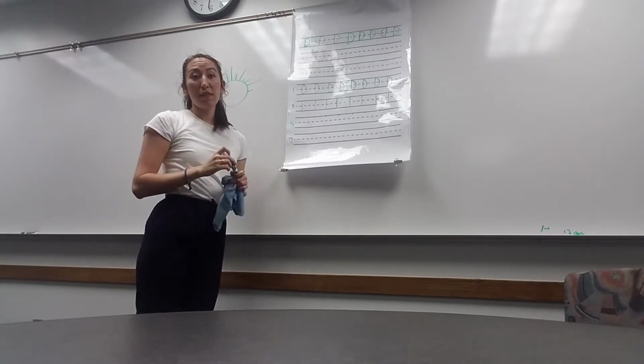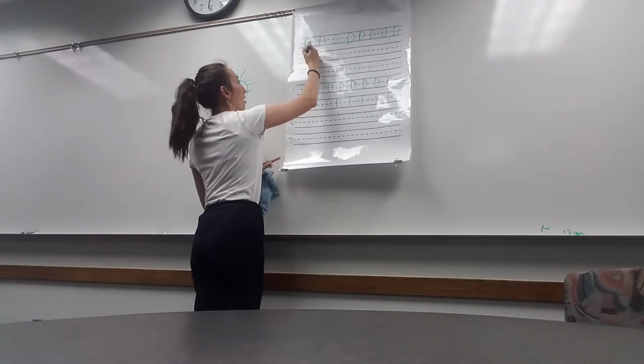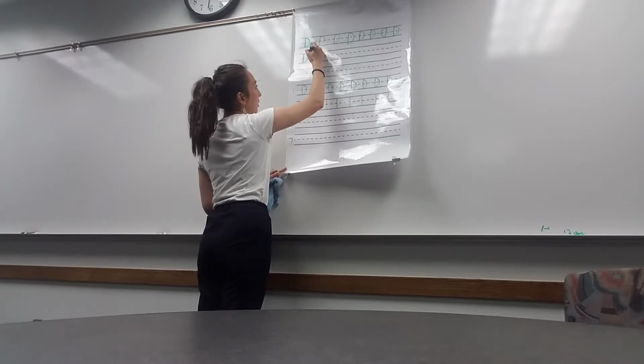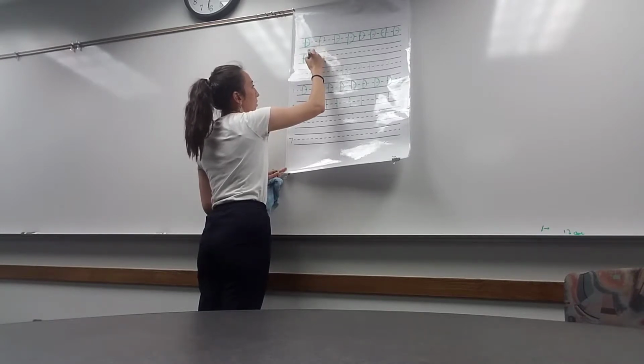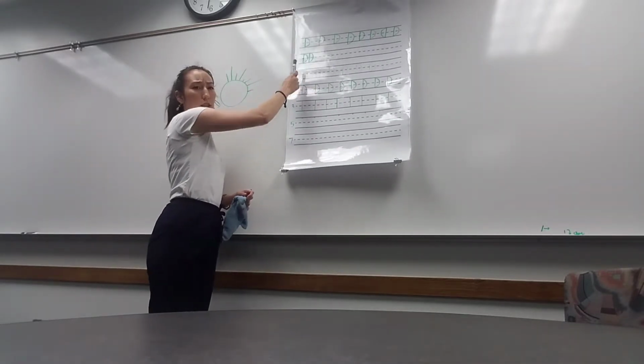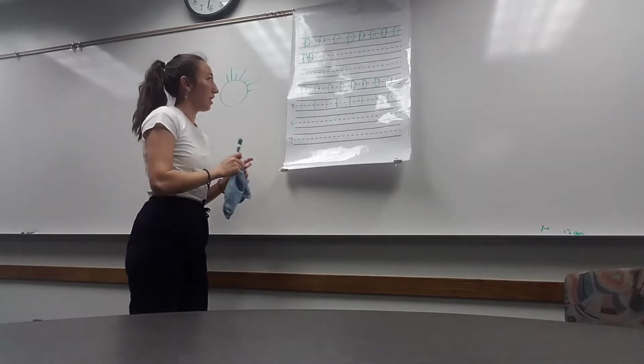Now, recite and name with me as I write two uppercase D's. Down, curve around to the right, uppercase D. Down, curve around to the right, uppercase D. Are these good D's? No, that's correct.